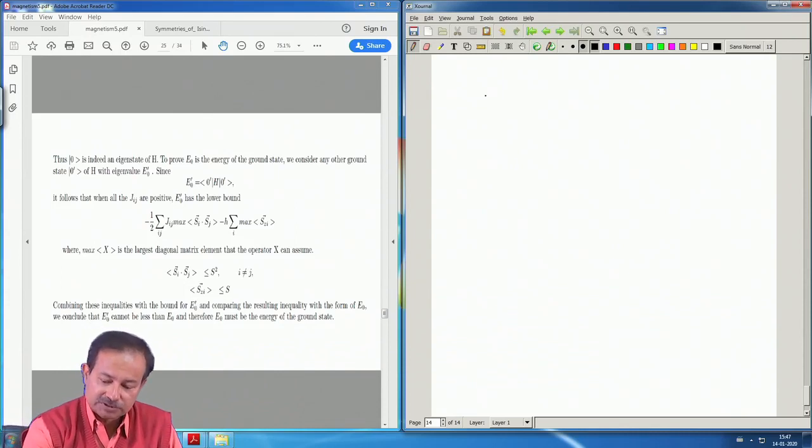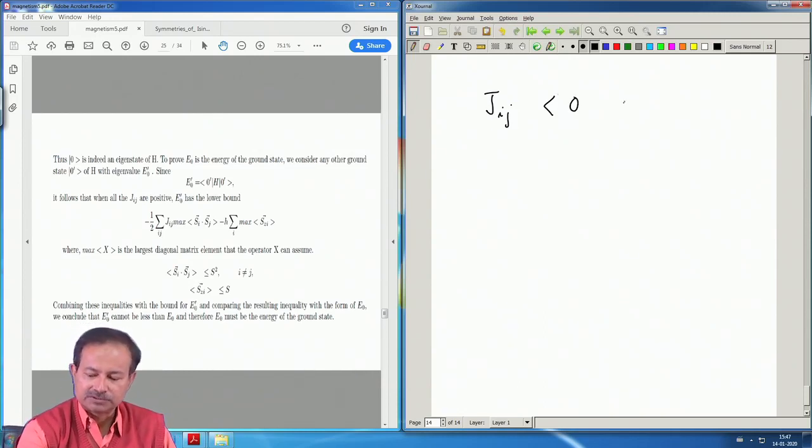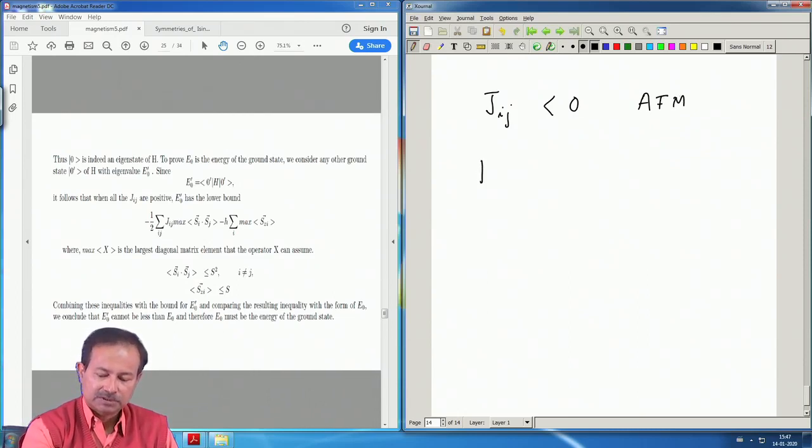But suppose these Jij's are negative. Then of course, you have an antiferromagnetic situation. Alternate spins will be up and down. In one dimension, for example, this is how it should look. Classically, that is what our intuition tells us.